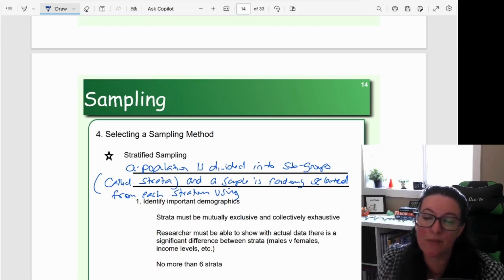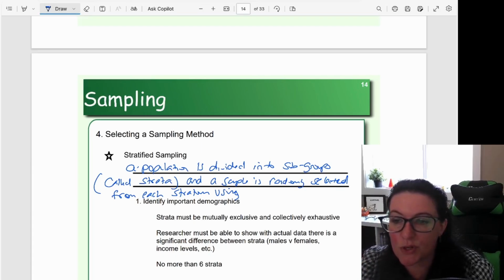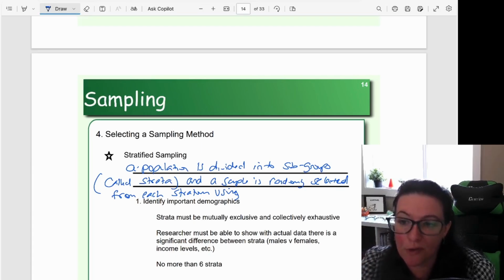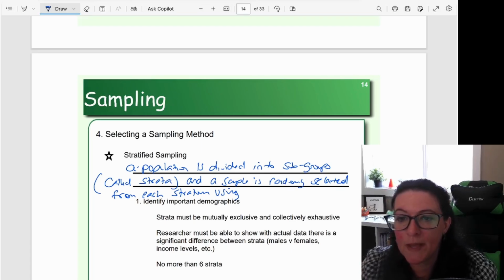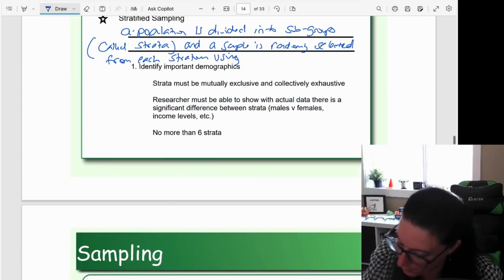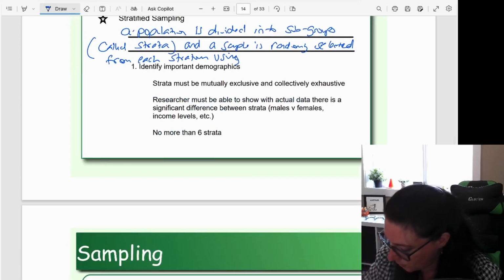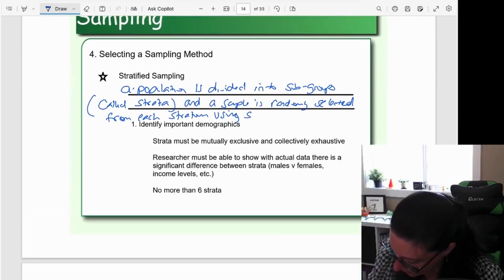For example, if I'm designing a survey of business students, I want to make sure that I have people in my survey response that are first-year students, second-year students, third-year students, and fourth-year students. With stratified sampling, I would take all the first-year students and use simple random sampling.